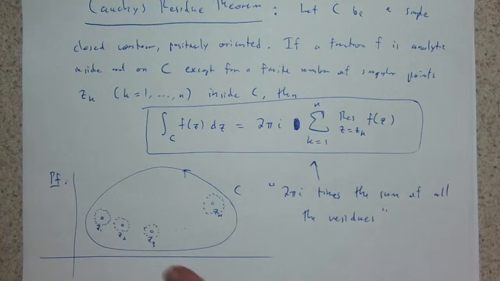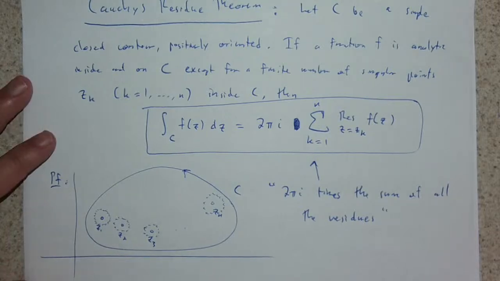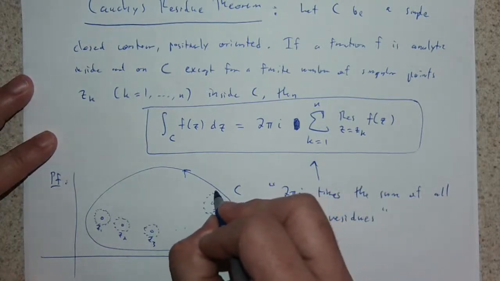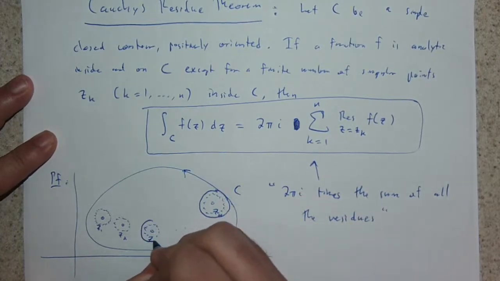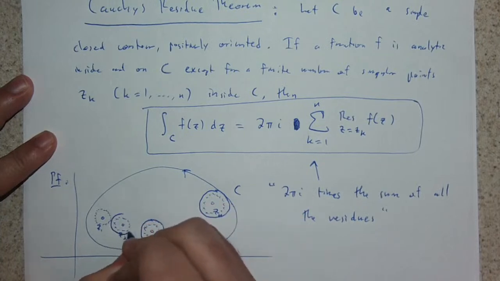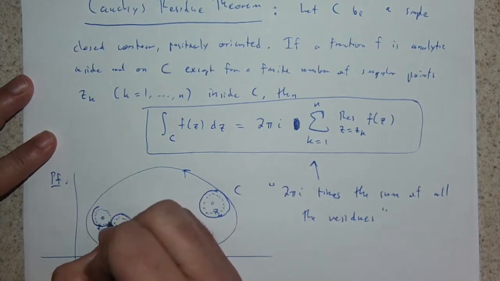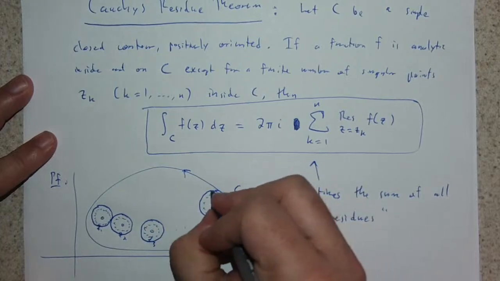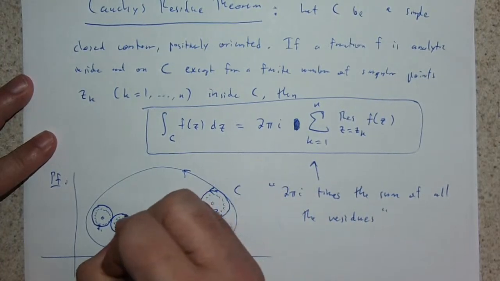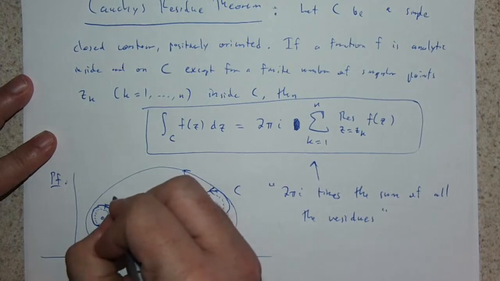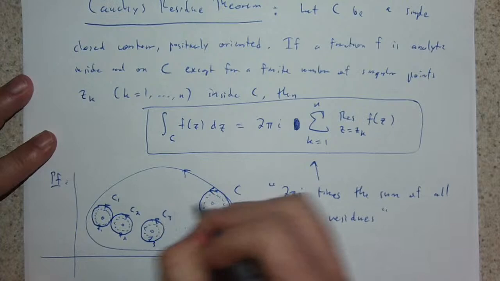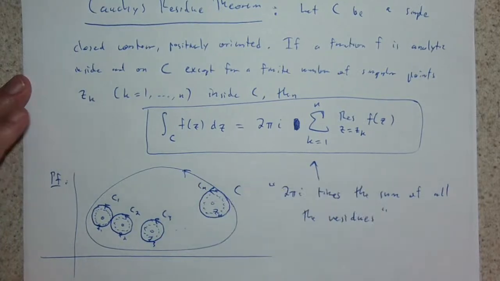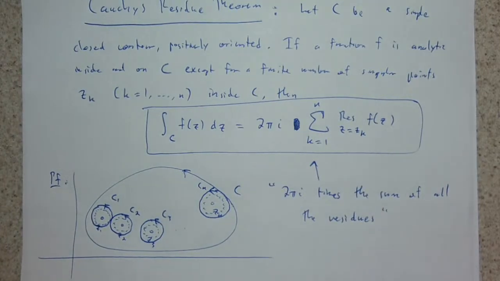Once I've done this, I can choose circles of some radii centered at those points, and I can consider them positively oriented. So here's C sub 1, here's C sub 2, here's C sub 3, and C sub n. Those are all those circles.